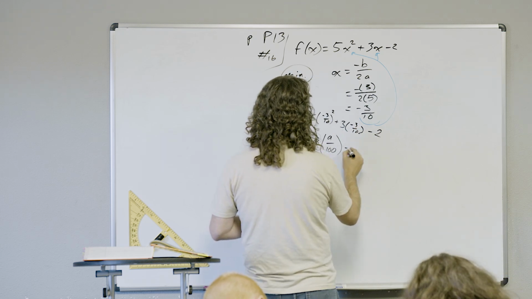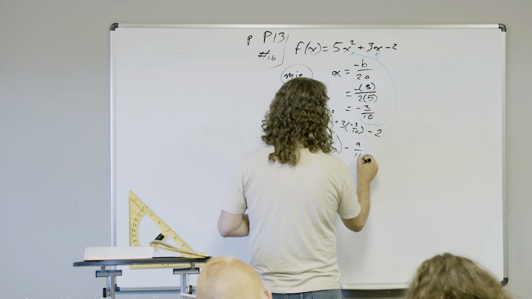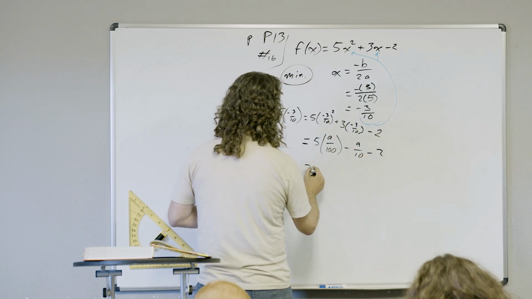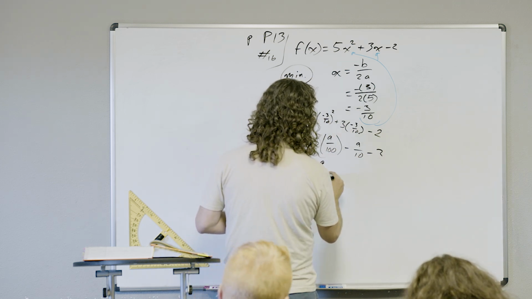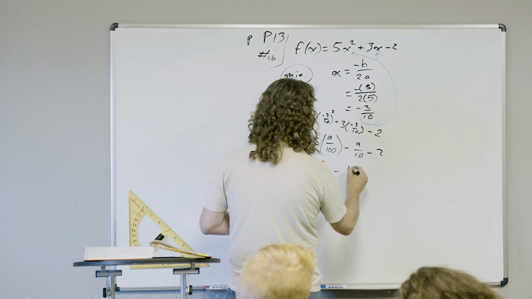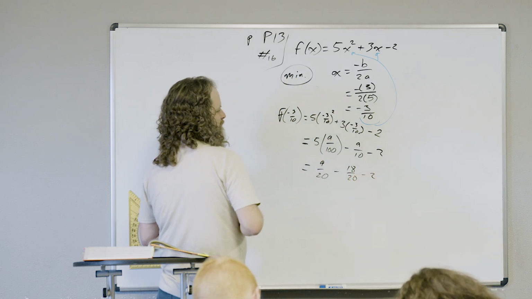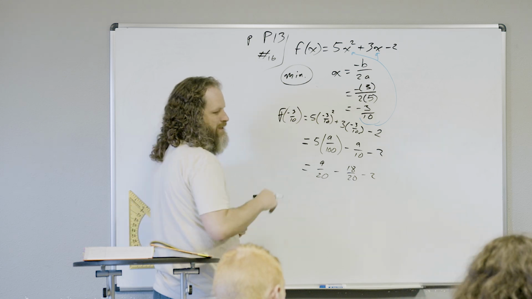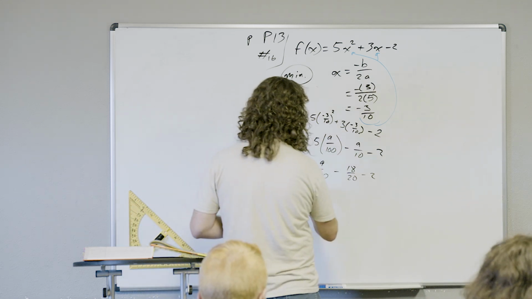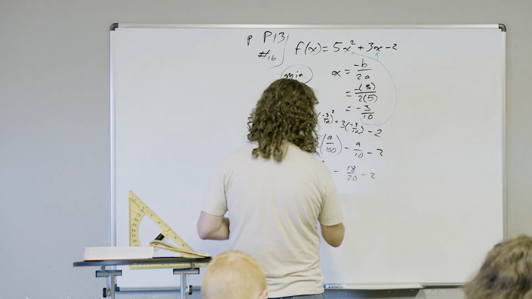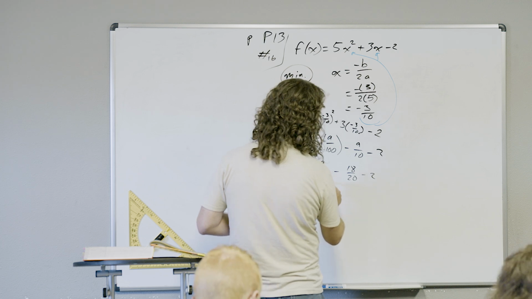Okay. So 9/20 minus 9/10 minus 2. This is 9/20 minus 18/20 minus 2. Punch that in your calculator, or we can continue on this way. Somebody have an answer for me yet? Negative 49. Negative 49 what? 20th.